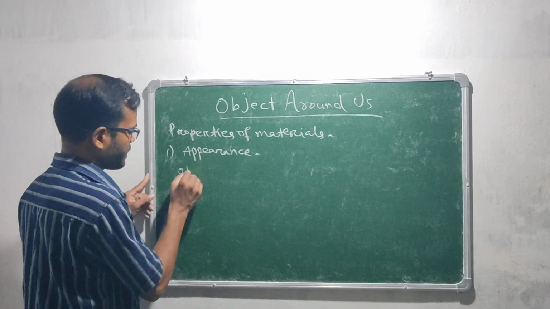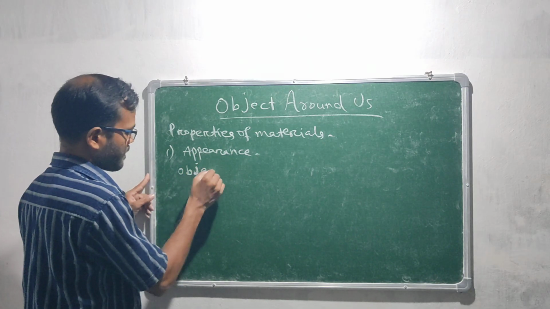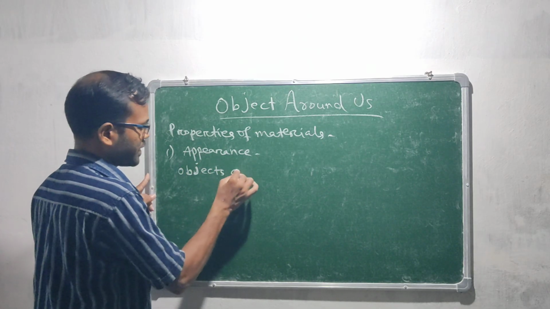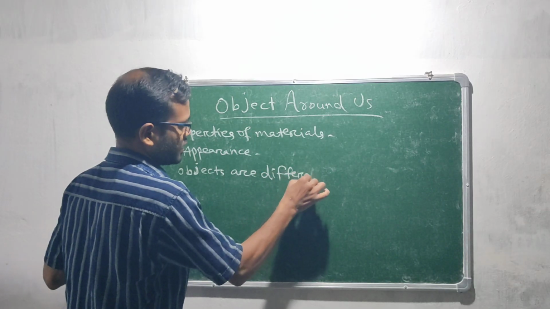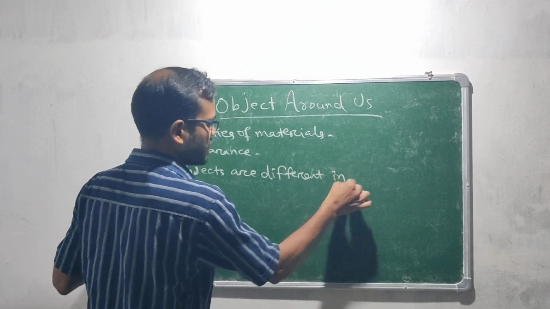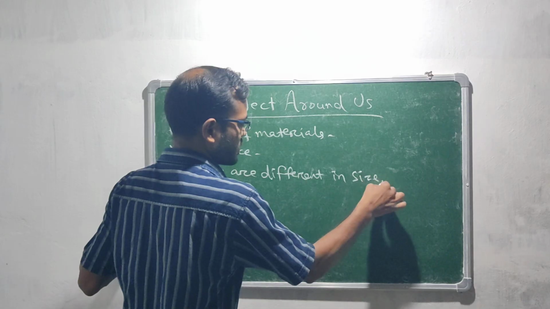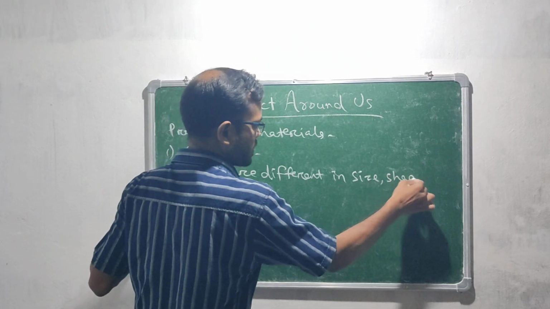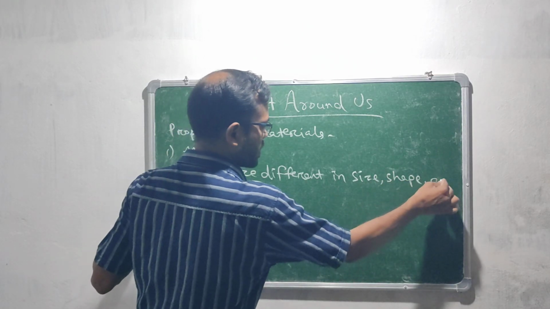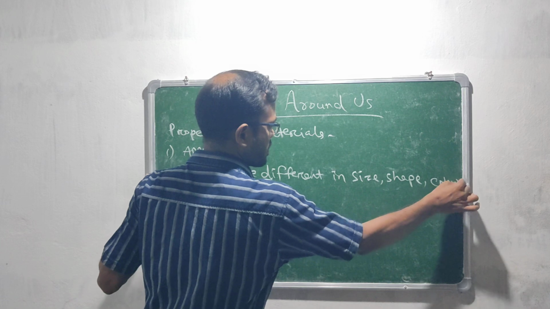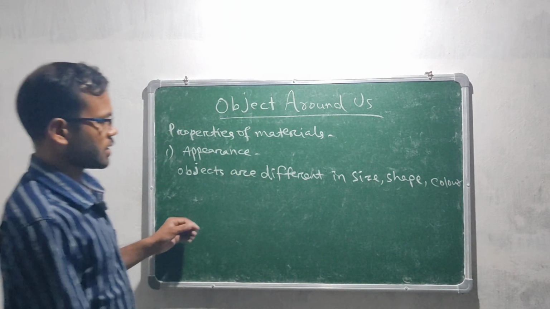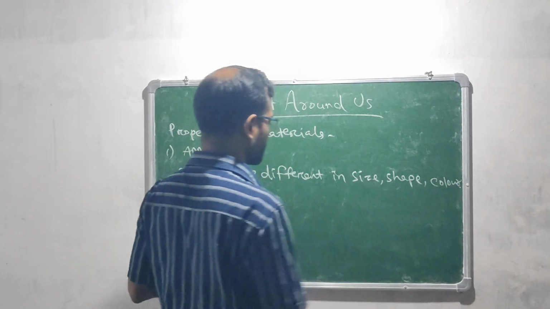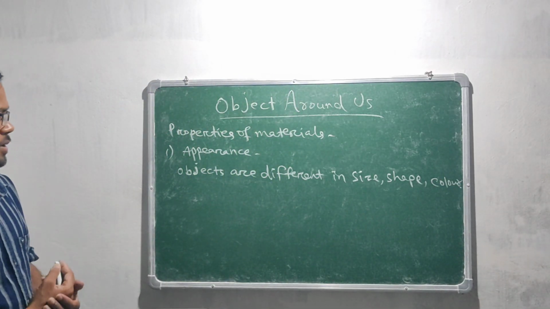Objects are different in size, shape, color. So we can say that this is the appearance of the object.